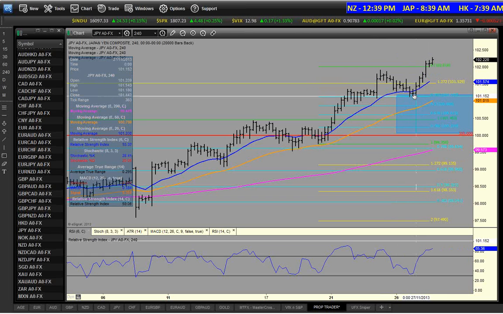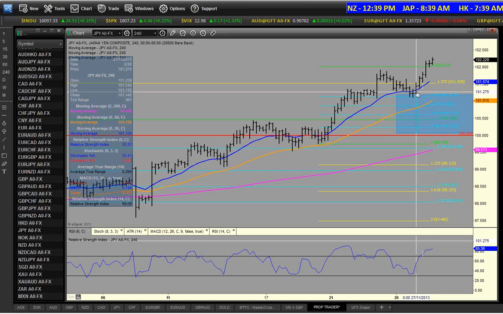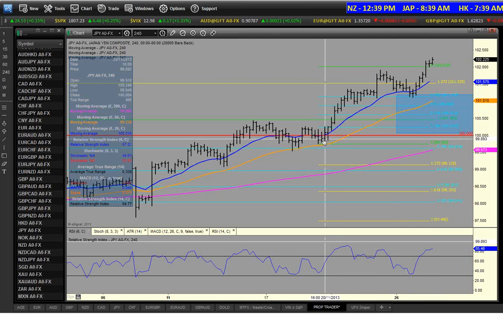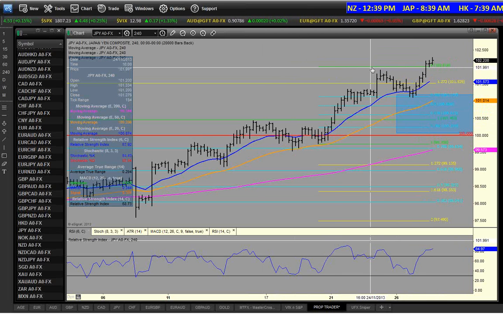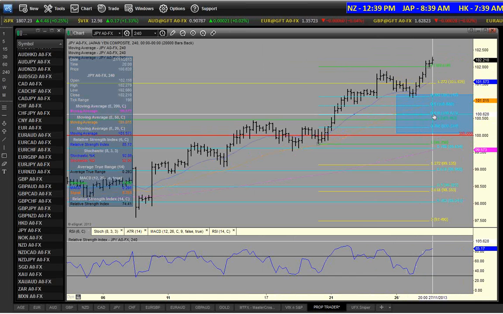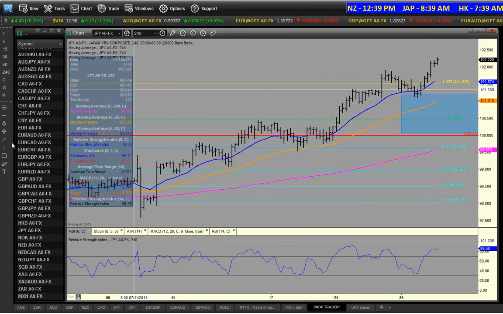I prefer to be off the 50 fib and the 50 EMA, which is here. So yes, hindsight says it's a good move, but in reality, you would not have taken it. Probably not. Well, I wouldn't have anyway. I want to be trading off the 50 like this. And then on this blue box is where I want to sell it.